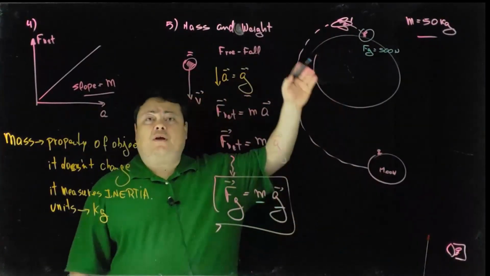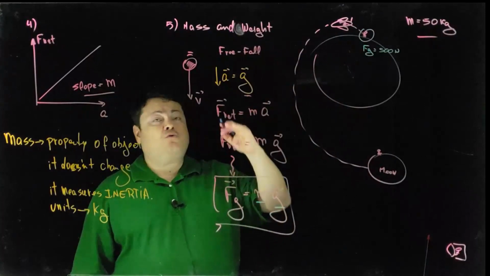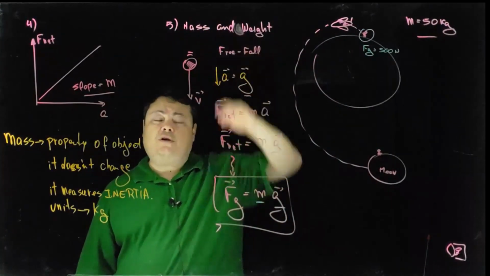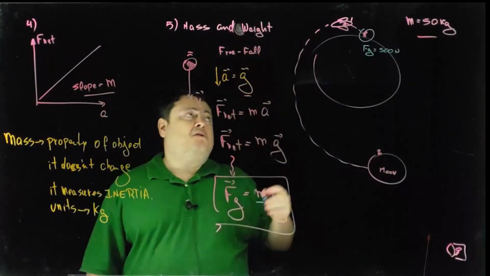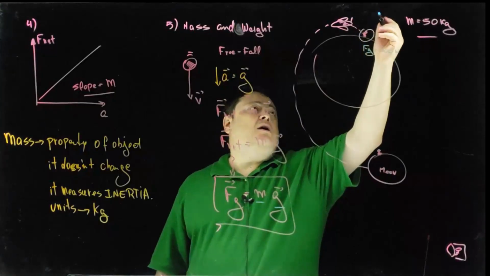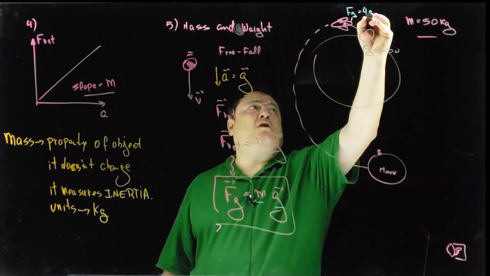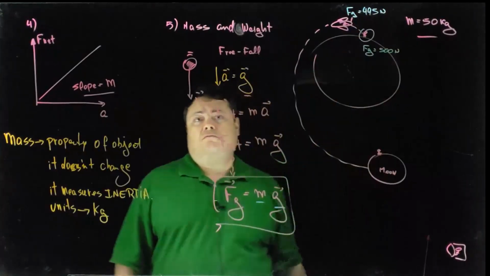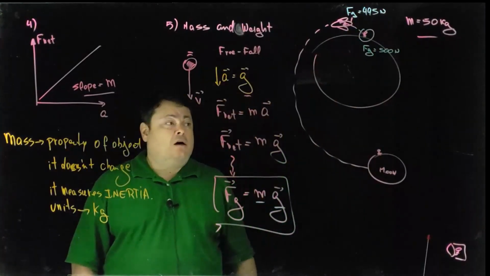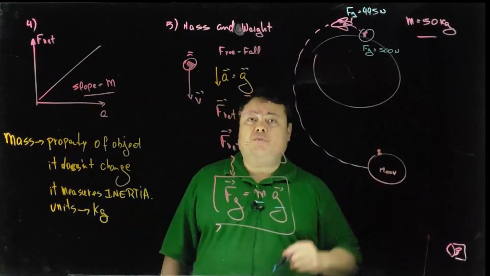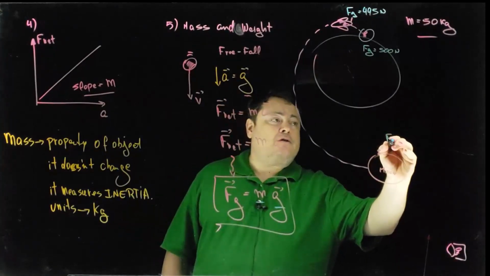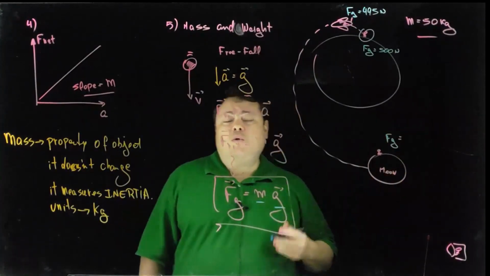When Johnny is on an airplane, we know that the acceleration due to gravity will decrease with the increase in altitude. And so let's say that on this airplane here, his gravitational force now is going to be maybe 495 newtons.